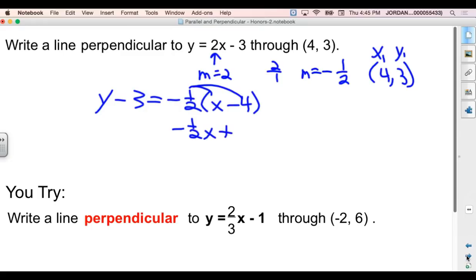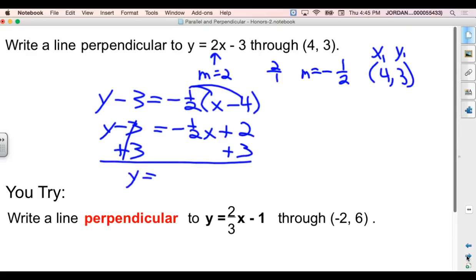When you do 1/2 times 4, an easy way to think of it is to do 4 times the numerator. 4 times 1 is 4, and then divide by 2. So 4 divided by 2 is 2. And then to get y by itself, we just need to add 3. So we get y equals negative 1/2 x plus 5. That's the line that will be perpendicular to y equals 2x minus 3, but will go through the point (4, 3).